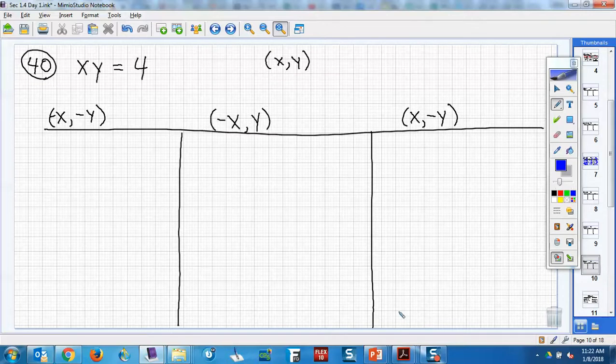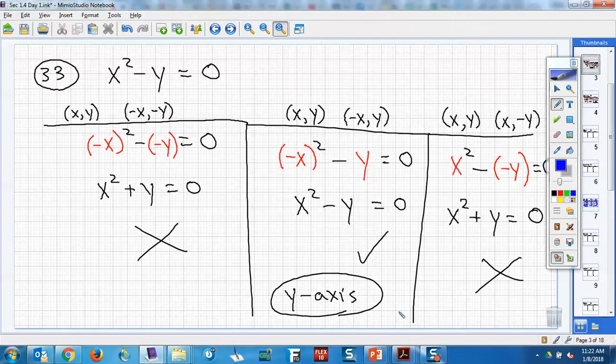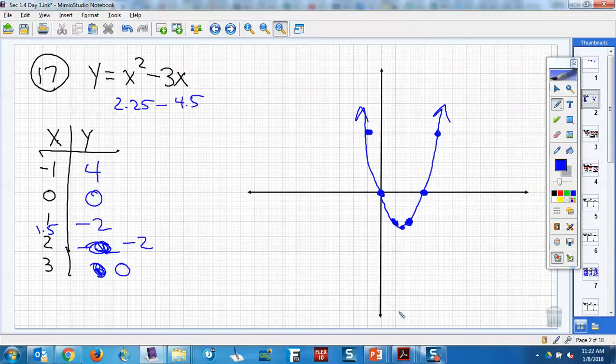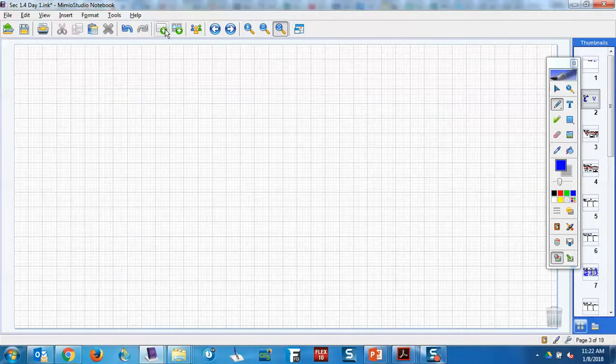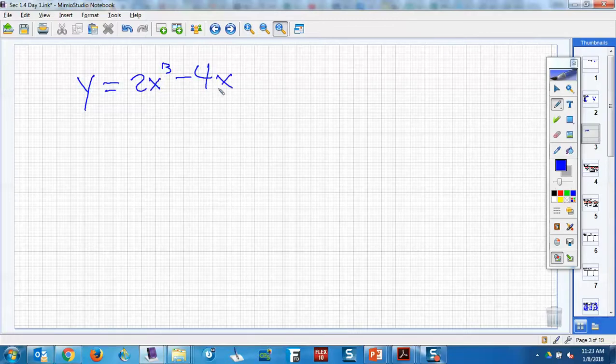What else? What was the other one? 29. Okay. So what was 29? Find the x and y intercepts. So we got y equals 2x cubed minus 4x squared. So x-intercepts and y-intercepts.